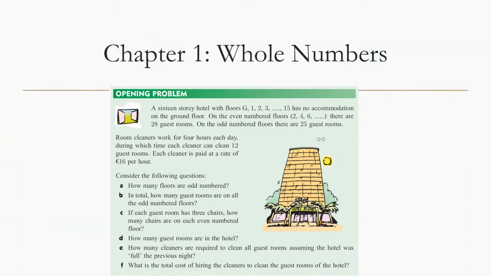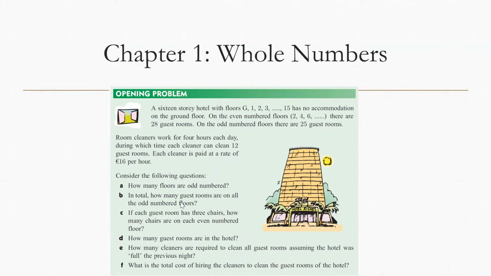How about Lyria? Lyria, are you here? Yeah, I'm here. Can you try answering B? Sure.